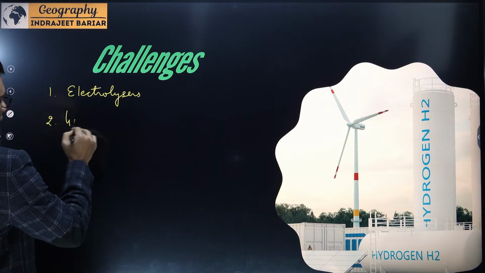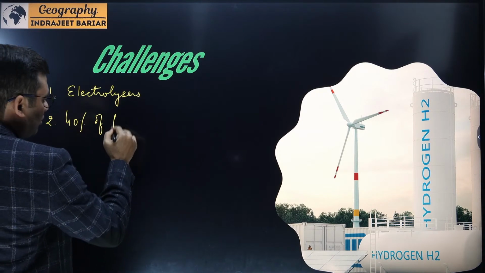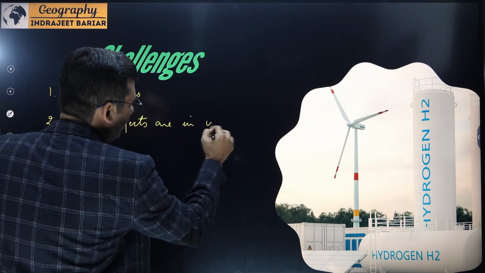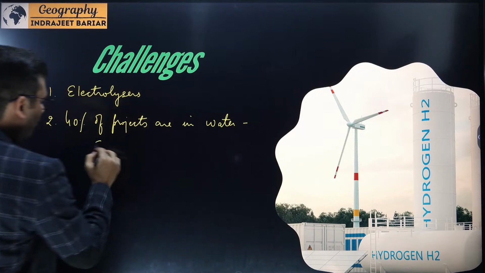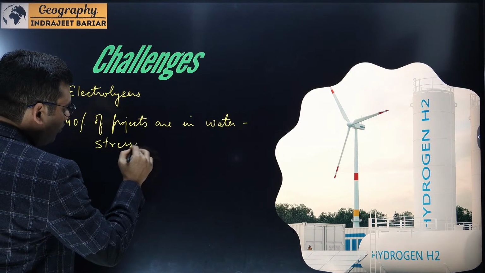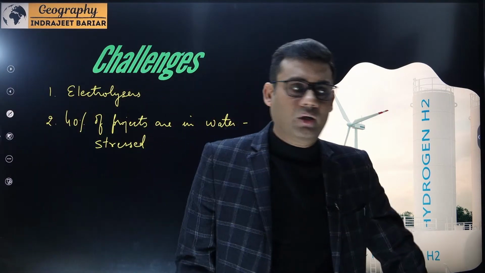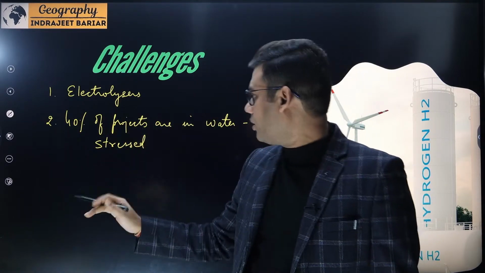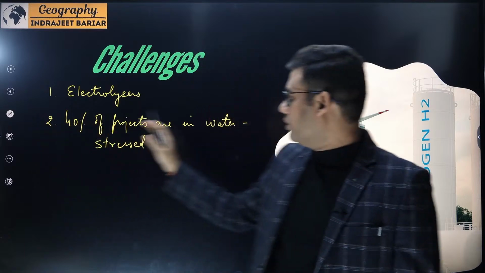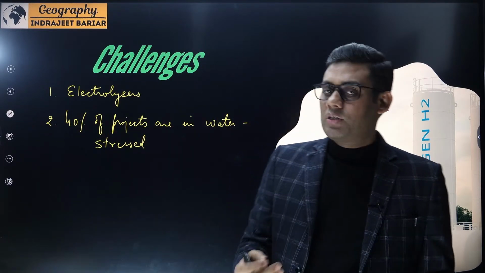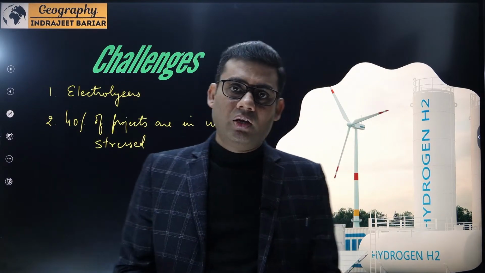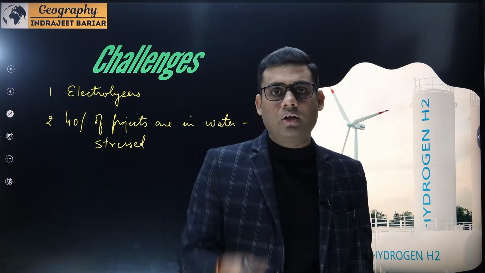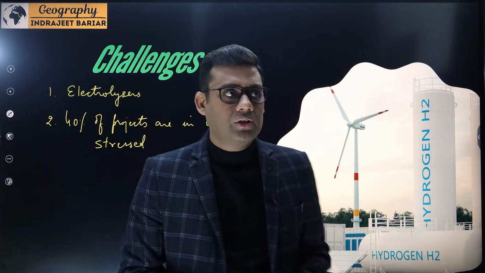Second aspect is that 40% of projects are in water stressed regions. As I told you, water would be required for the production of hydrogen, and of whatever projects have been finalized till now, 40% are in water stressed regions. Specifically, if you talk about India, India is already a water stressed country, and so this can be a major concern.